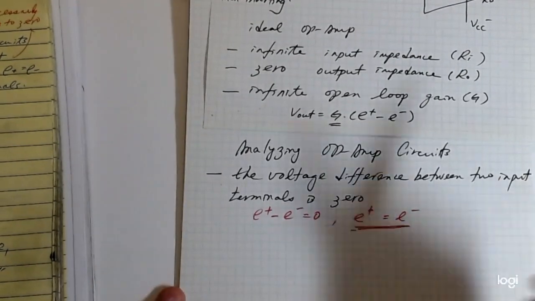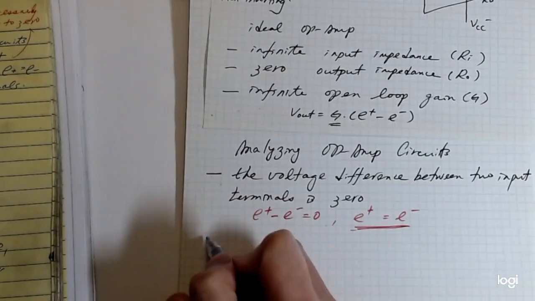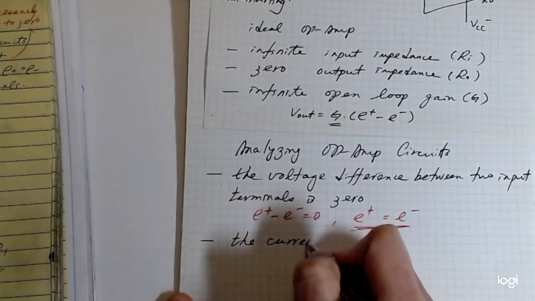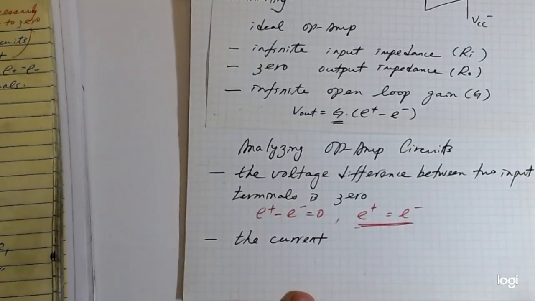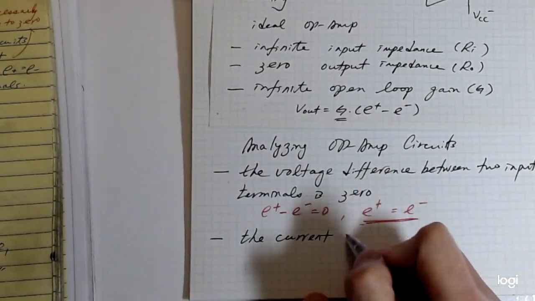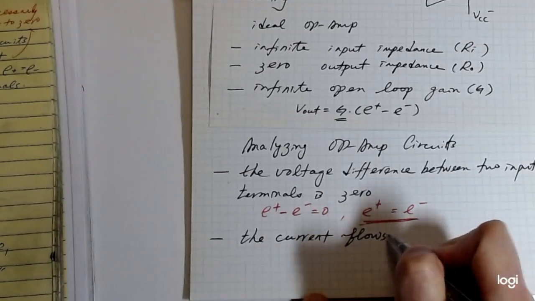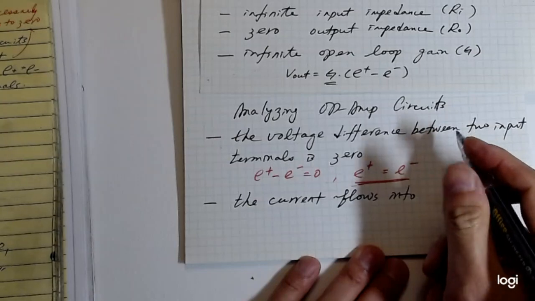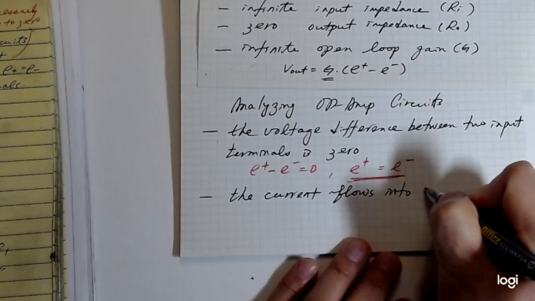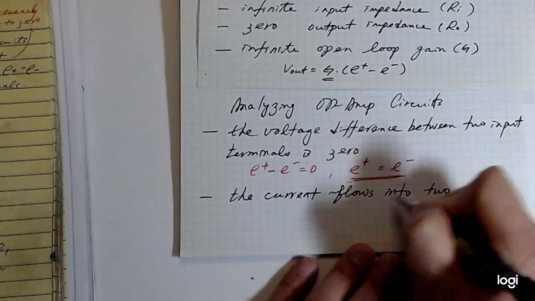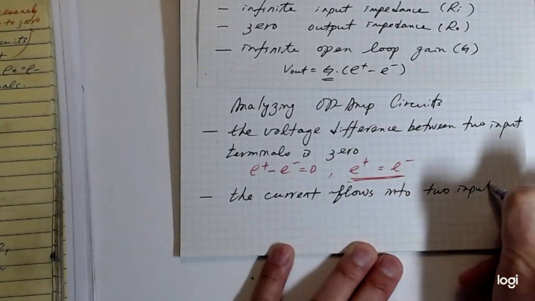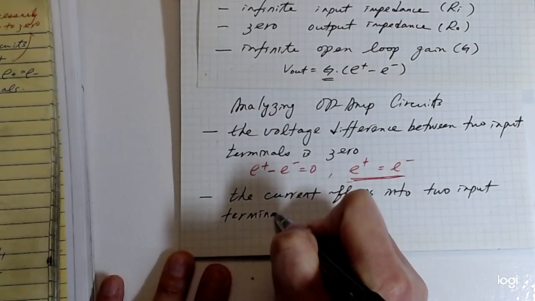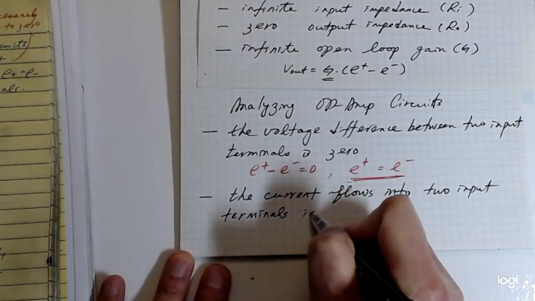Okay, and the other one is that the current flowing into the two input terminals is 0.